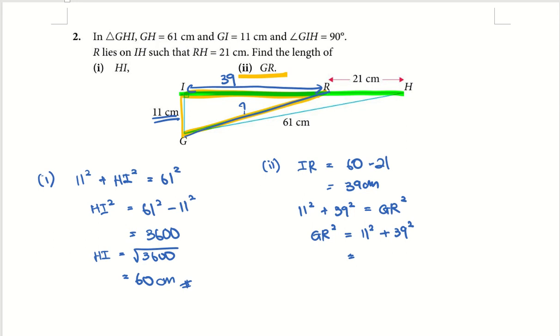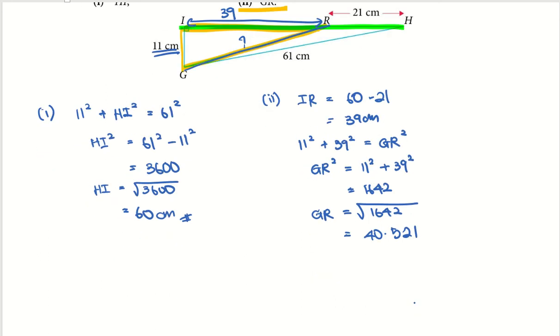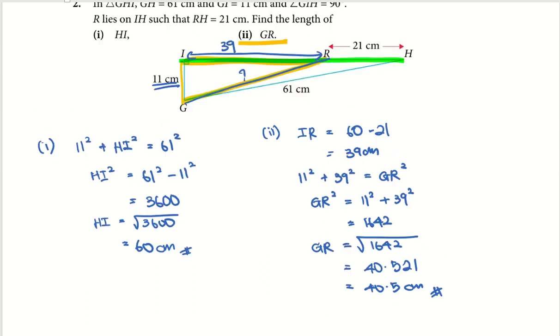Then press calculator to give you 1642. Take square root to solve for your unknown GR. Answer not exact, give it to me in 5 first before you round it off to 3 SF. And this is in cm, length GR.